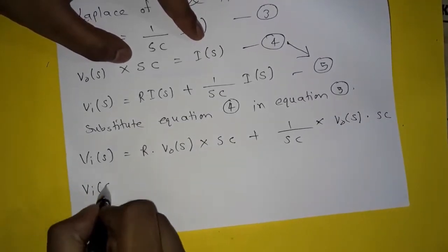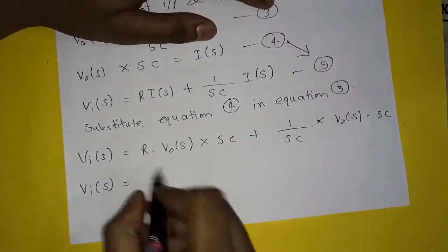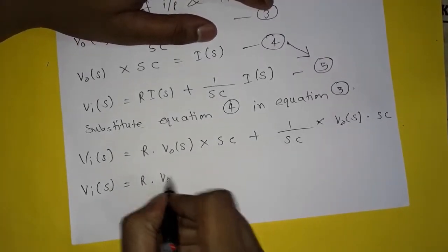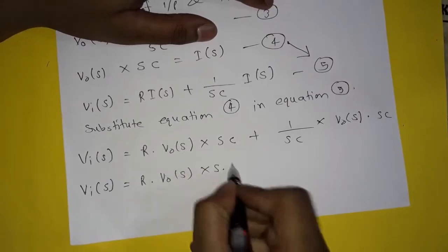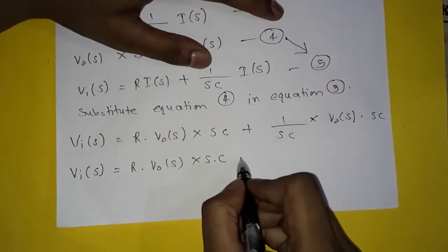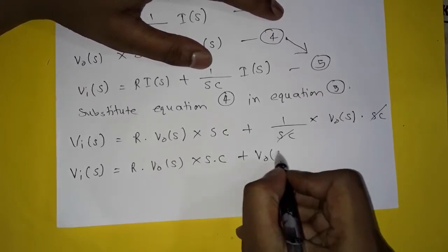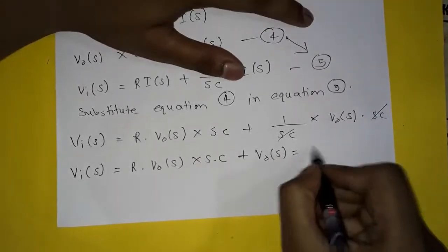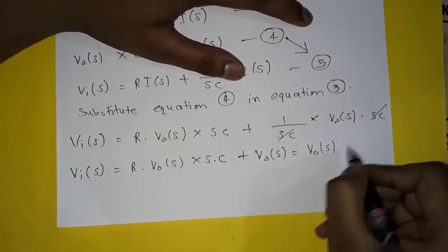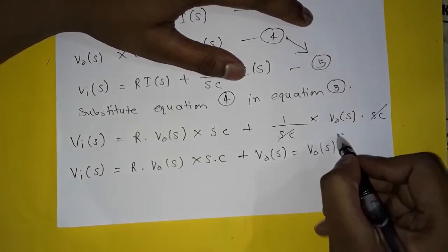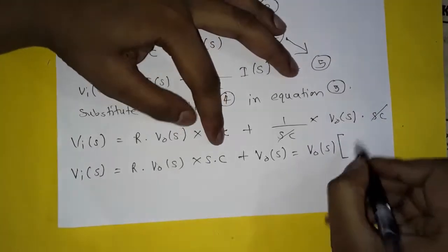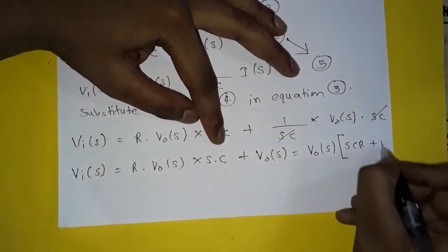Therefore, Vi of s is equal to R Vo of s into sC plus, sC gets cancelled, so Vo of s. Now Vo of s is a common factor here, therefore (sCR plus 1).